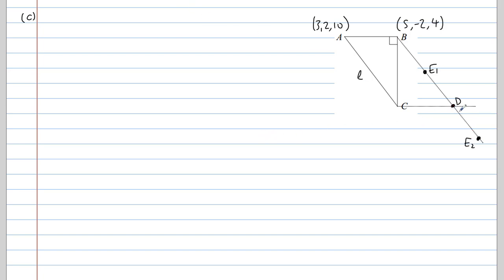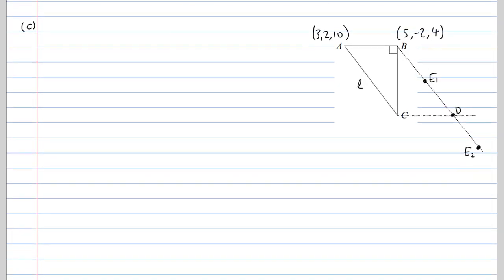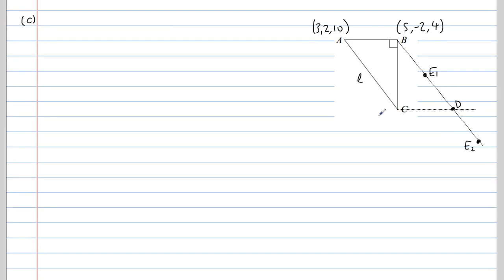So next we have to think, how are we going to get to one of these positions, here or here, from the origin? And to do that, we're going to use points we already know. So we know A, we know B, and in the last part of the question, we found C is 15, 6, 2. We don't know D yet, and obviously we don't know E because that's what we're trying to find.